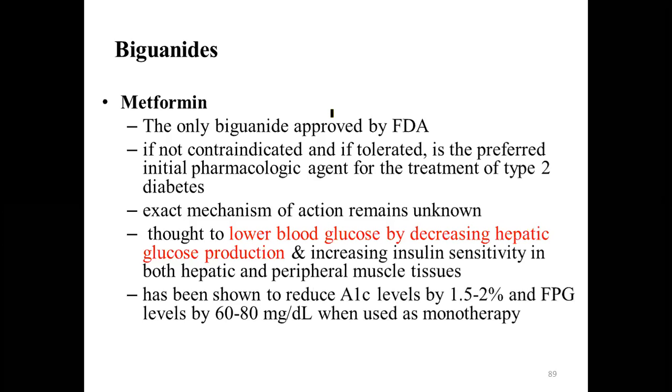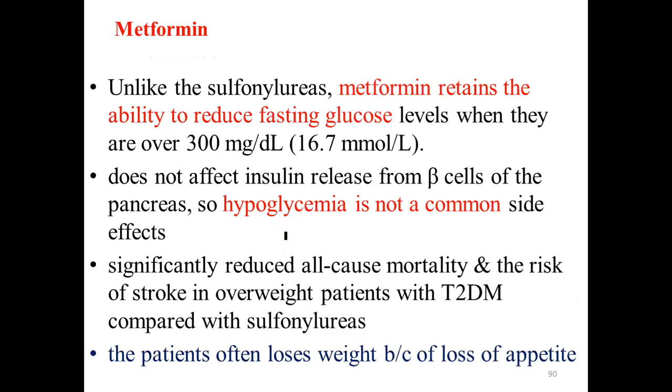I will not go into detail about the mechanism of action of metformin because I think you have discussed it in the pharmacology session, but mostly it lowers the blood sugar level by decreasing hepatic glucose production, and it also increases insulin sensitivity in the target tissues.